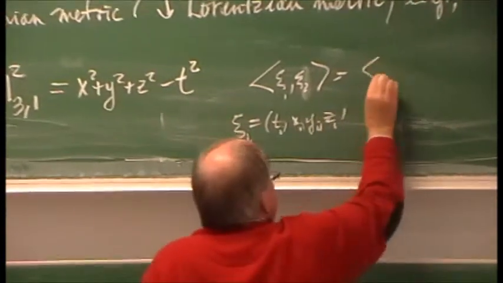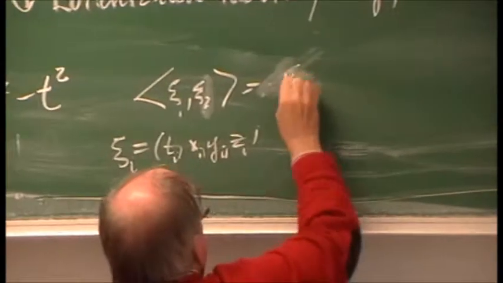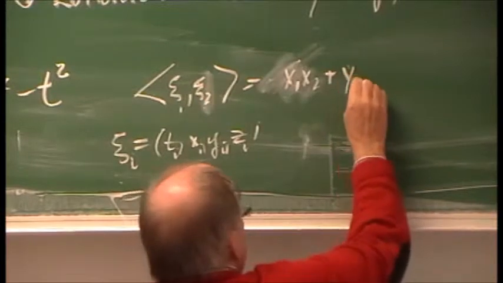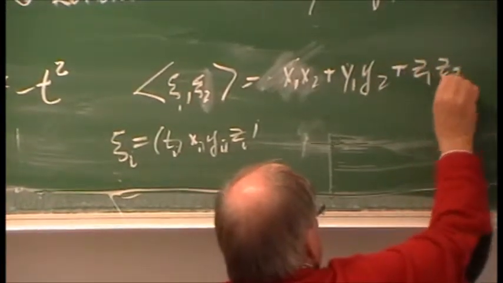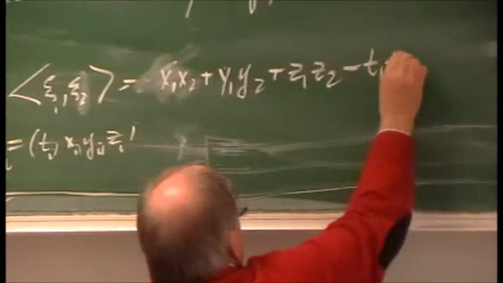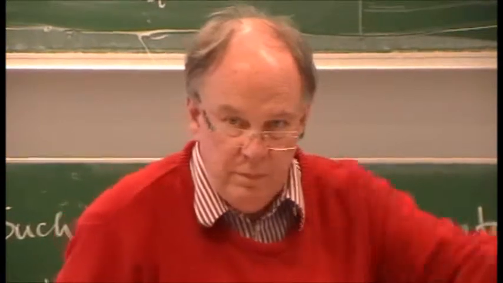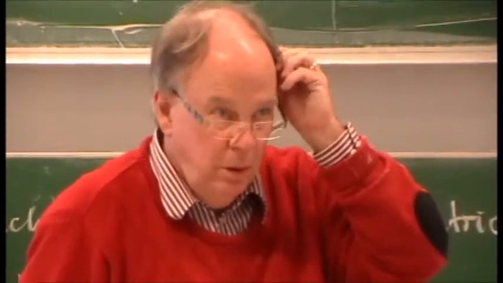This is then the scalar product of x1, x2, y1, y2, z1, z2, minus t1, t2. Okay? So this is the standard metric of signature (3,1). Okay?